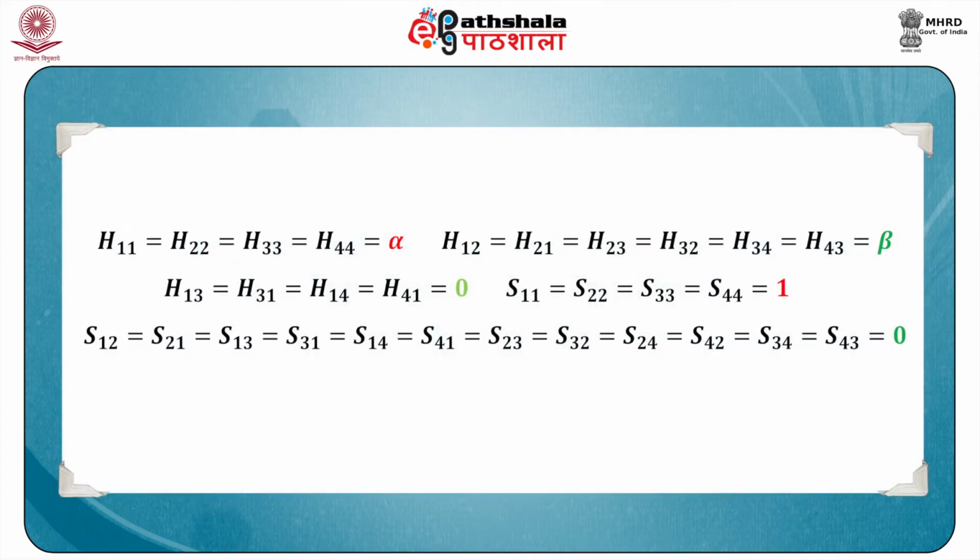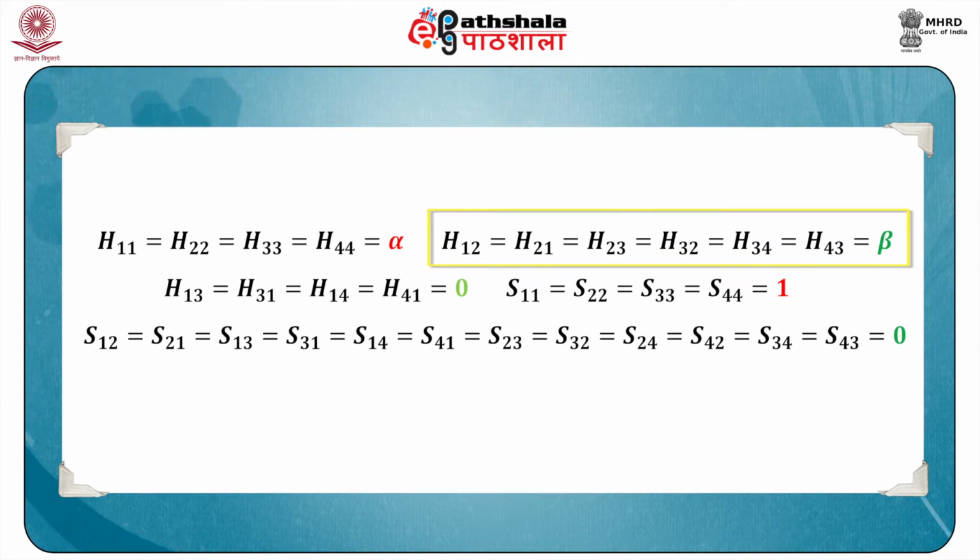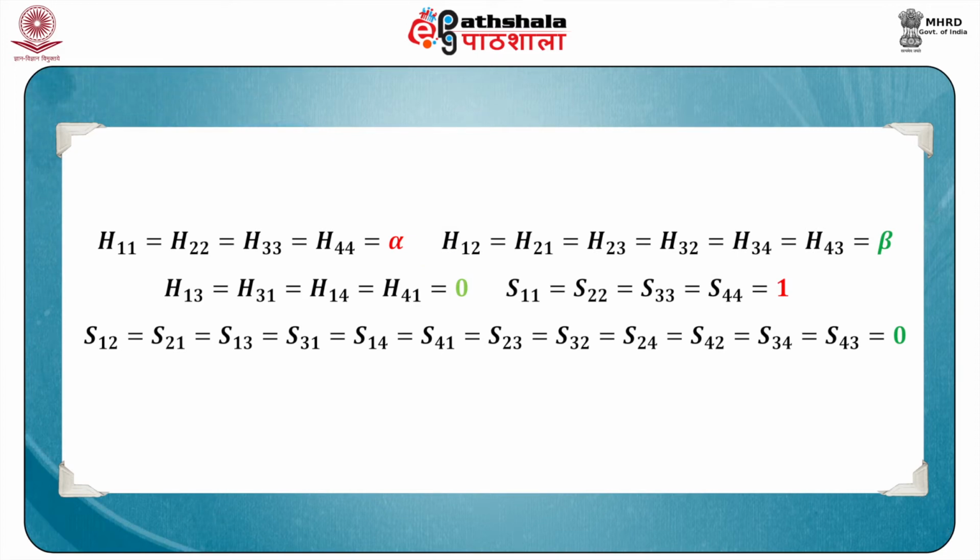So you can see that H11, H22, H33, H44 all will be equal to alpha, which is the Coulomb integral. Similarly, H12, H21, H23, H32, H34, H43 will all be equal to beta, which is the resonance integral. For all other Hij, which are not directly connected, those values will be taken to be 0.